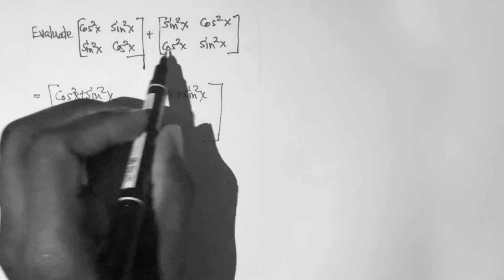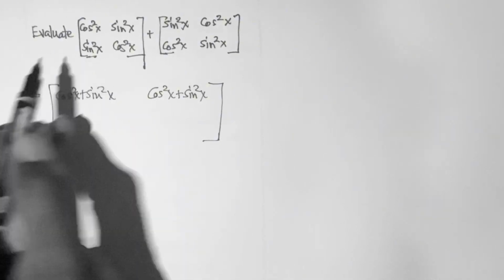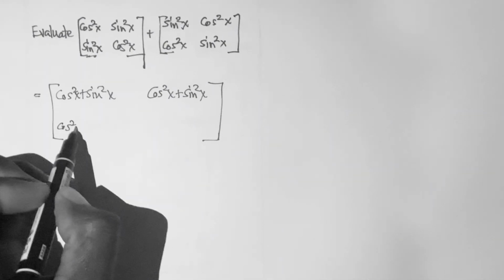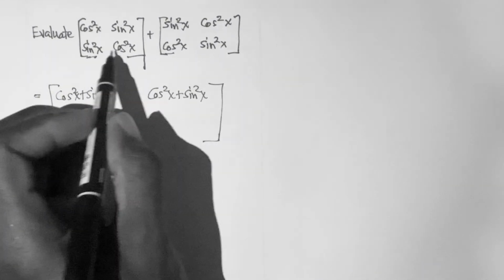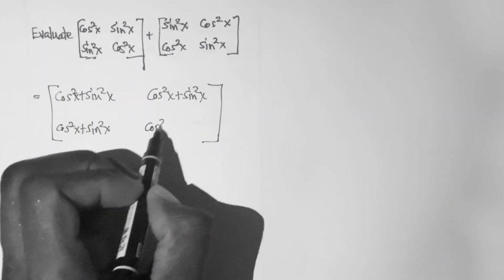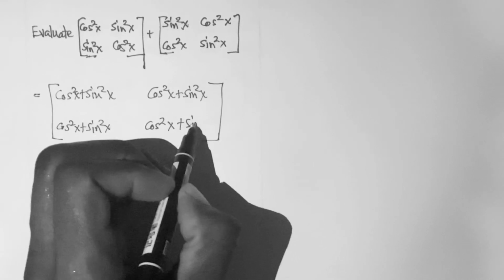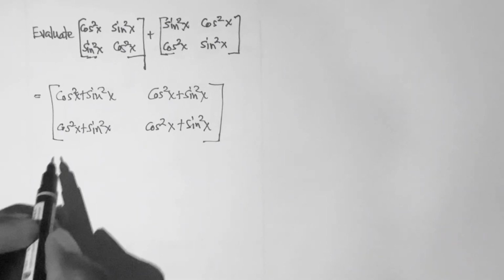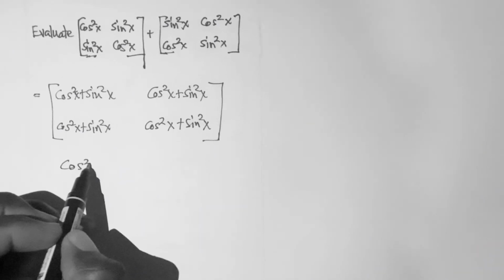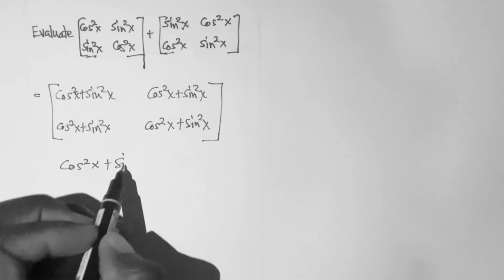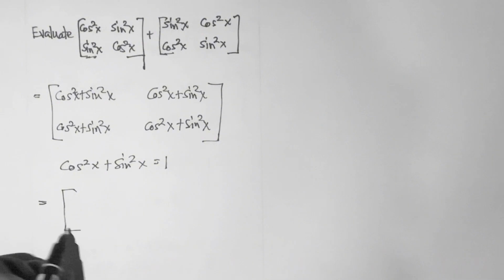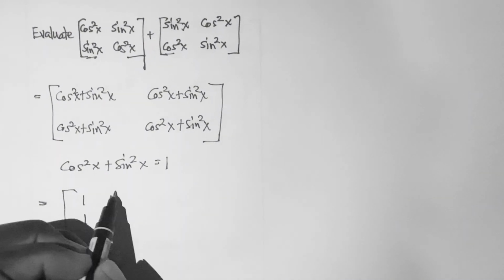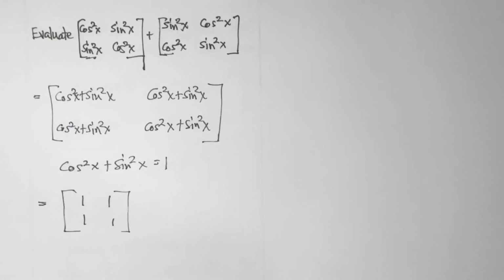Then this side also becomes cos squared x plus sin squared x, and here also cos squared x plus sin squared x. But from trig we know that cos squared x plus sin squared x is equal to 1. So all of this reduces to 1, 1, 1, 1. So this is the answer for that question.